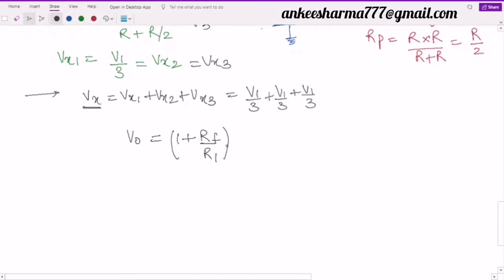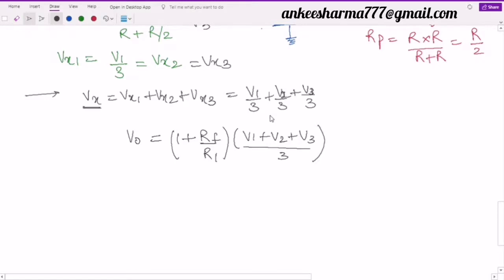into what is the value of Vx? Can I write it as V1 by 3 plus V2 by 3, or in the other way, for better understanding, can I write it as V1 by 3, V2 by 3 and V3 by 3?